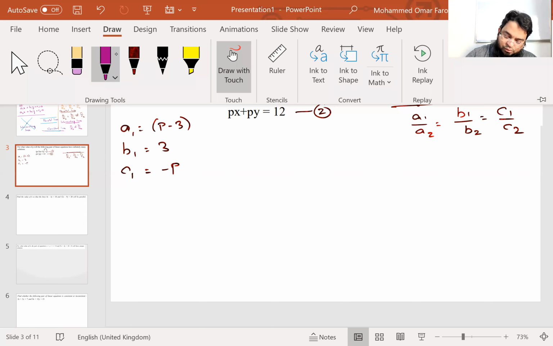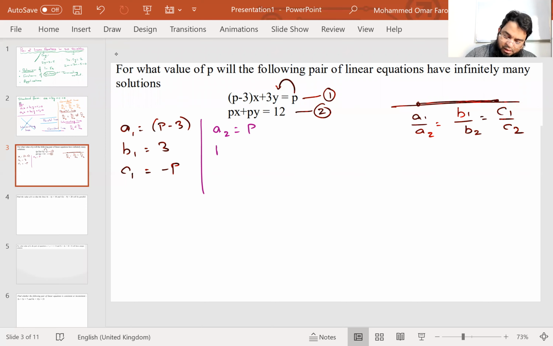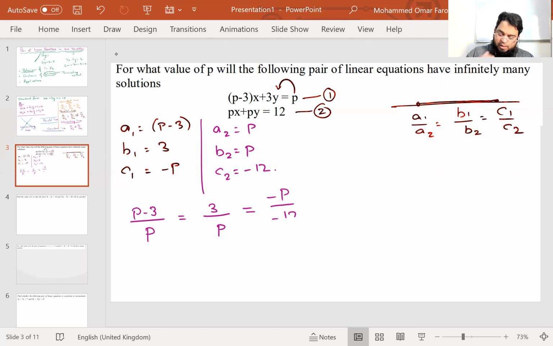What is A2? It is P, and B2 is also P, and C2 is minus 12. So according to the condition, P minus 3 by P equals 3 by P equals minus P divided by minus 12.